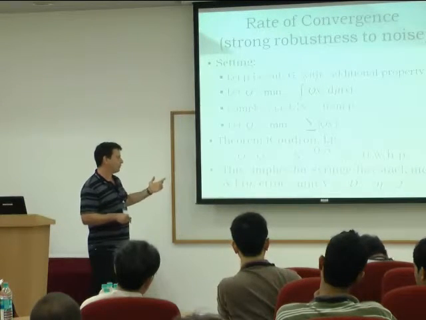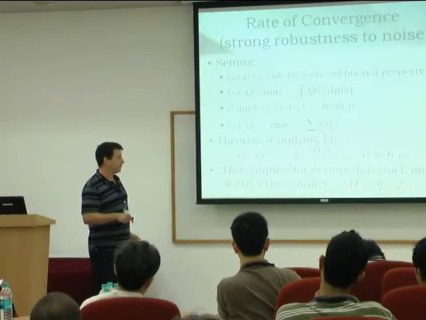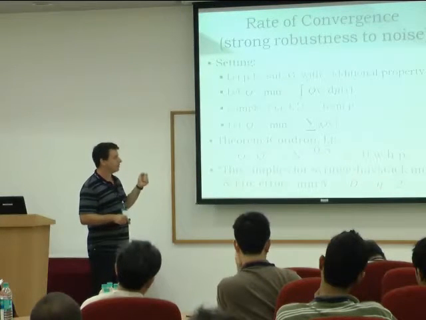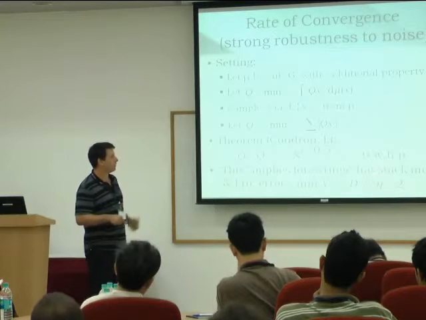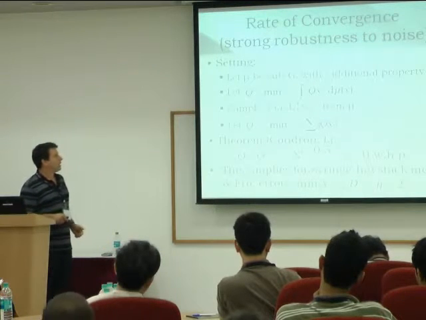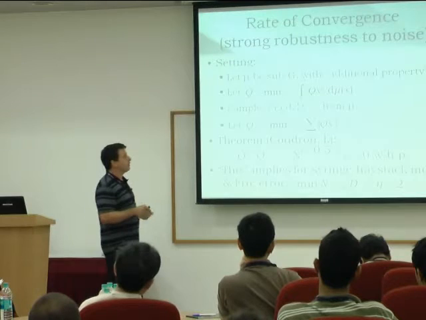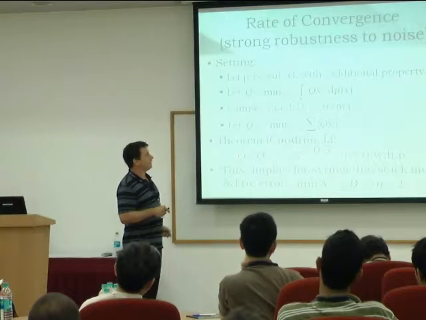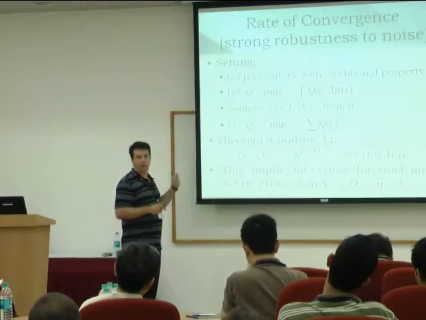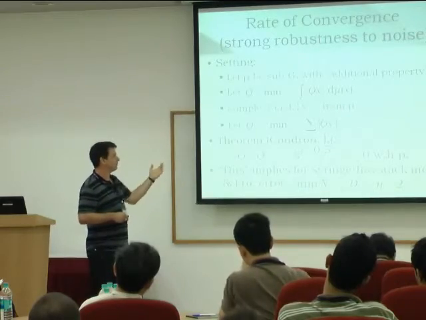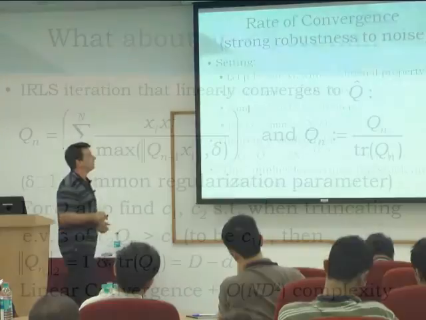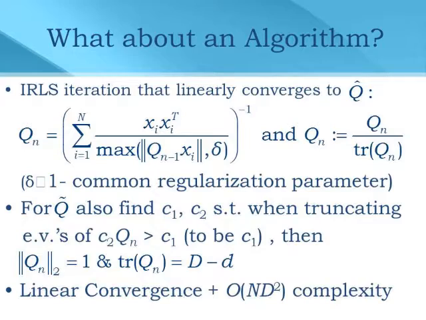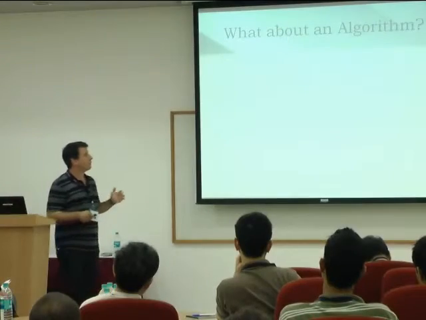For PCA with the Frobenius norm, you have capital D to the power of 2, and now we have capital D to the power of 2 plus epsilon. Just a comment: I told you that when you have power 2, you get the inverse covariance, and it actually also gives you a result on convergence of the inverse covariance. So now we also have nice results on the rate of convergence, almost like PCA.